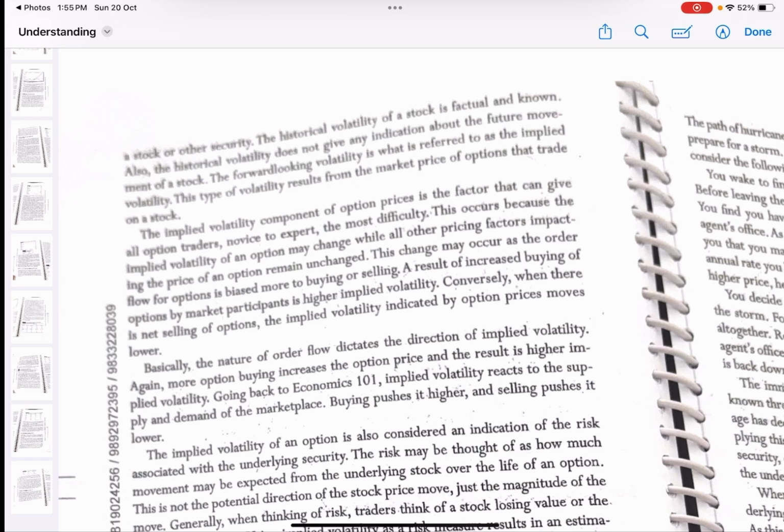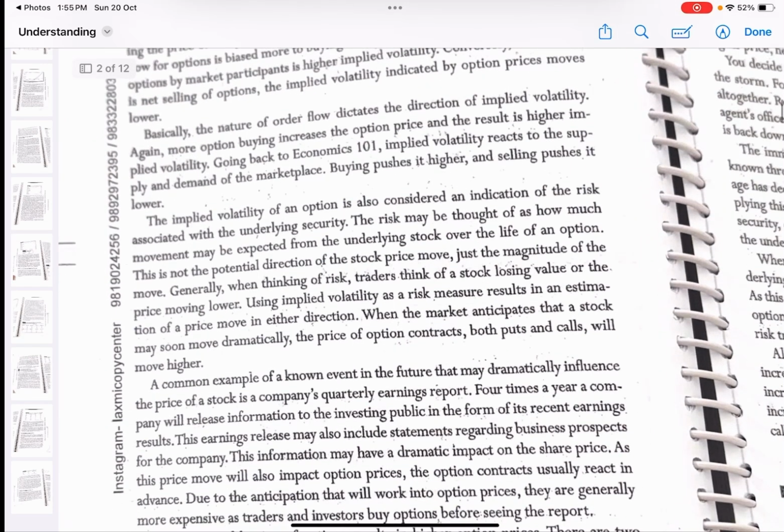So if there is more buying in the option, pay attention to what I'm saying, I'm not talking about buying in the stock, I'm talking about buying of the option, whether it is a call option or a put option. If the buying increases, that means the IV is increasing. And if the selling is increasing, then the IV is decreasing. Basically, the nature of order flow dictates the direction of the IV.